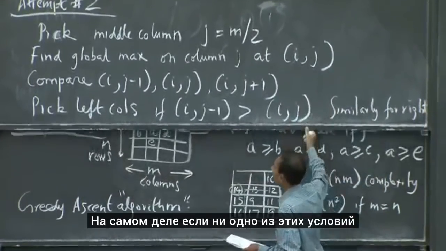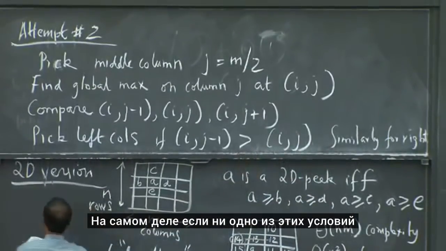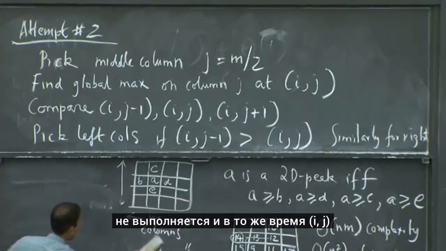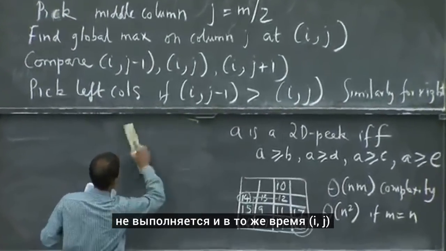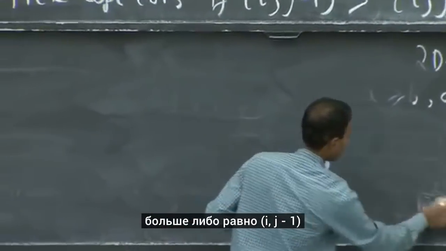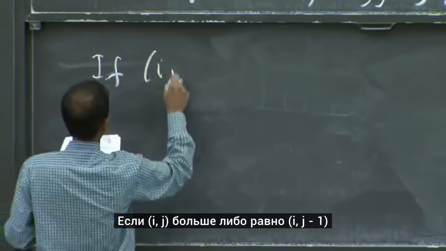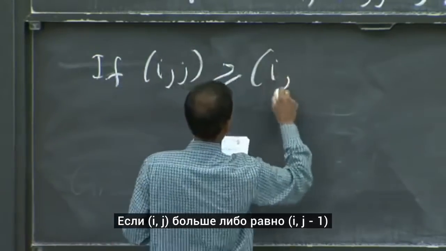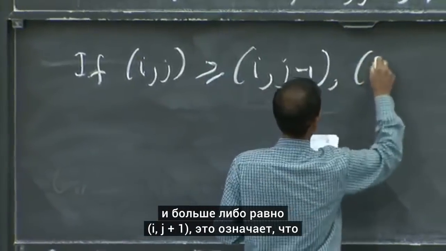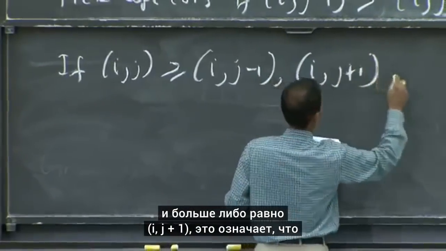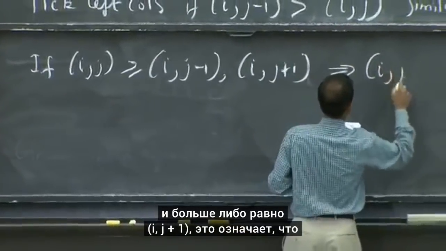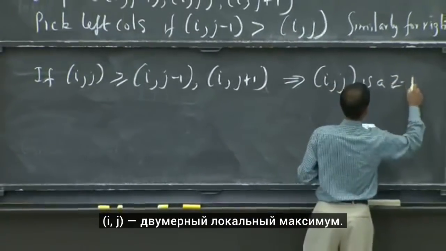And if in fact either of these two conditions don't fire, and what I have is (i, j) is greater than or equal to (i, j-1) and (i, j+1), then I'm done. Just like I had for the 1D version, if (i, j) is greater than or equal to (i, j-1) and (i, j+1), that implies (i, j) is a 2D peak.